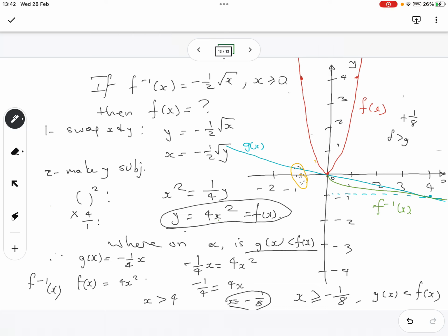And then to determine f, let's see, 4.7. To determine f, okay, we did get it right. It is 4x squared.